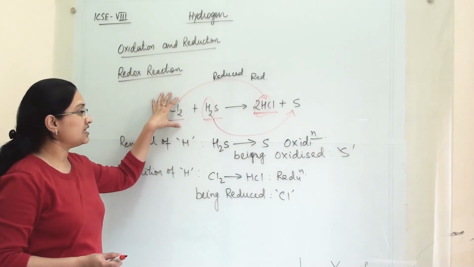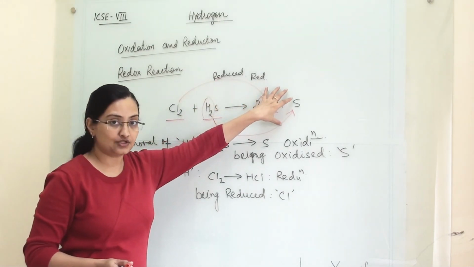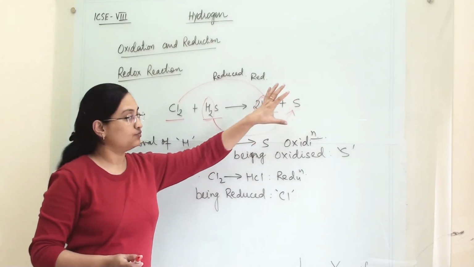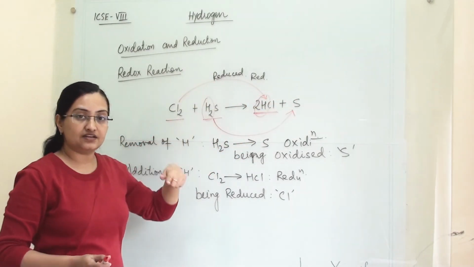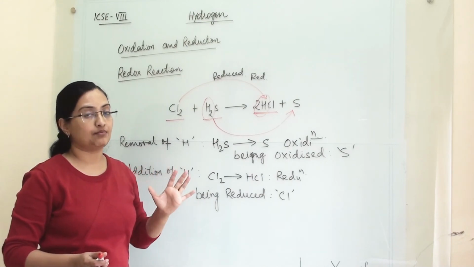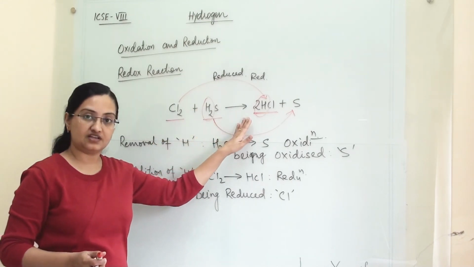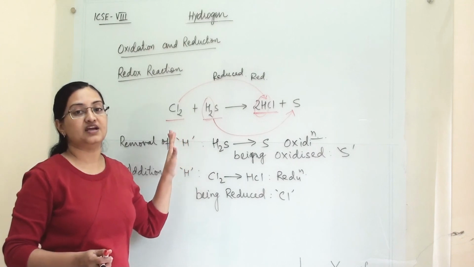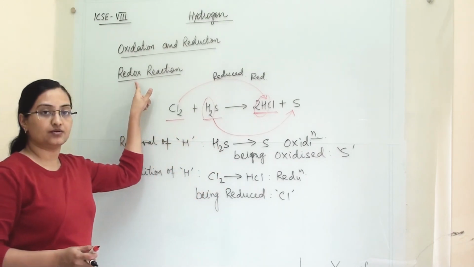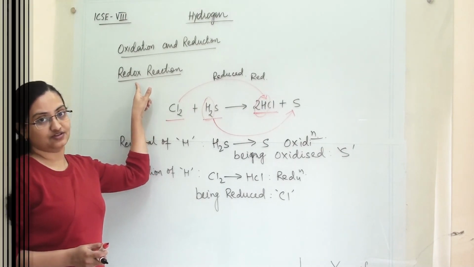So chlorine is getting reduced and sulfur is getting oxidized. So when one is getting reduced and the other one is oxidized, both things will happen simultaneously in one reaction, then it is termed as an oxidation reduction reaction, or it is termed as a redox reaction.